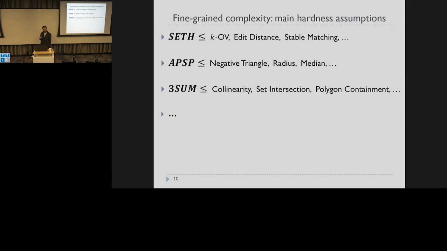Usually it's quite easy to go from SETH, which is 2 to the n, to polynomial algorithms. You create some instance with 2 to the n over 2 input size, and if you solve it faster than n squared, where n is 2 to the n over 2, then you get something. But usually the other direction is quite difficult. I'm not aware of such natural reductions.